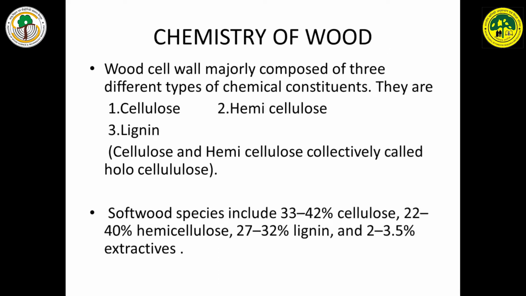Actually here, before going to the chemical modification of wood, we first have to understand the chemistry of wood. In the chemistry of wood, we especially concentrate on the cell wall. The cell wall majorly contains three chemical components: cellulose, hemicellulose, and lignin.